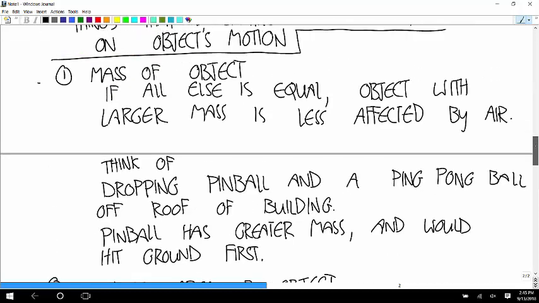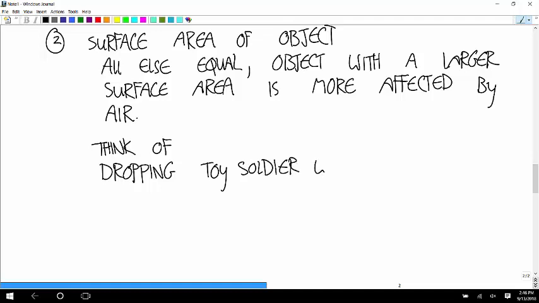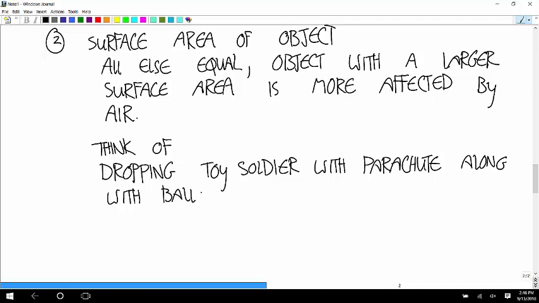So I think the easiest way to think of that is imagine dropping a toy soldier with a parachute along with, you know, a ball of the same mass.